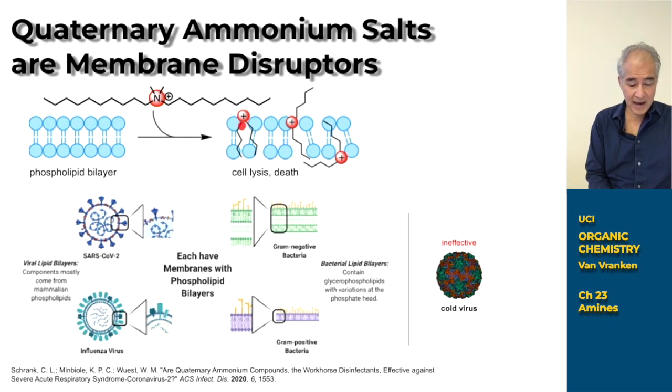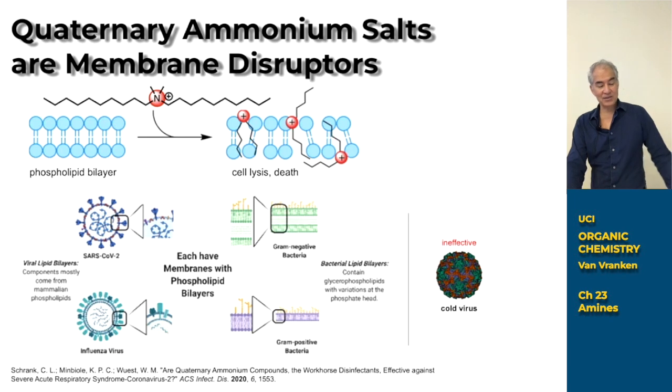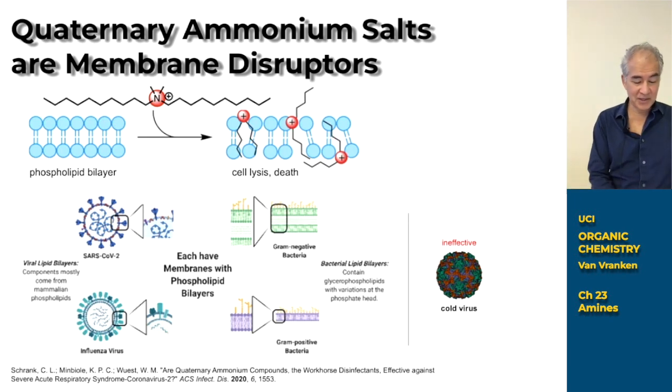And once they do that, these long alkyl chains get in there into the lipid bilayer and they disrupt the membrane. And that disrupts ionic balance, things leak out of the cells, bad things get into the cells, and that leads to cell lysis and death. And rather than taking a chance on some kind of cell becoming resistant to just one of these, they use this whole big mixture so that no cells can become resistant to this effect.